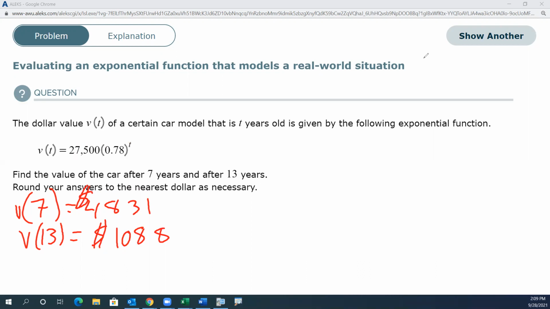So you lose around $23,000 in 7 years. In the next 6 years, from here to here, you only lose about $3,800. But up here in 7 years, in about the same amount of time, you lose way more. That's the nature of exponential functions.